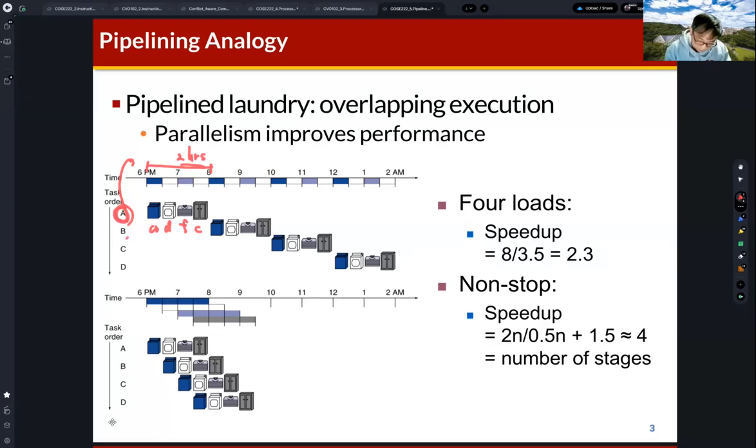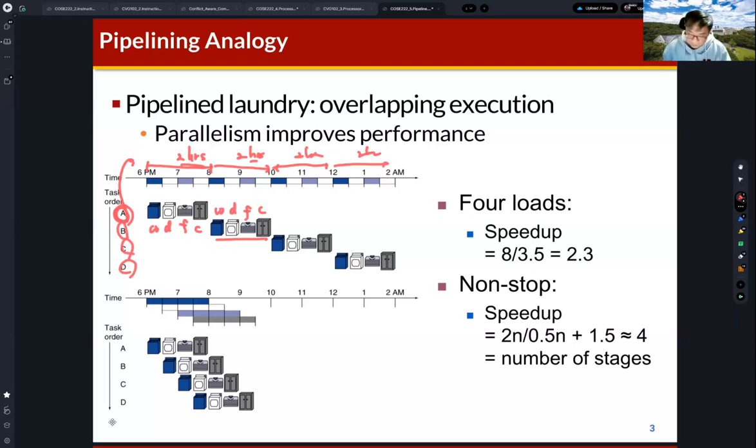And then for the next clothing, we also need to use the washing machine, dryer, folding, and then closet. So we require another 2 hours. And for the third clothing, we also need another 2 hours, and then another 2 hours.